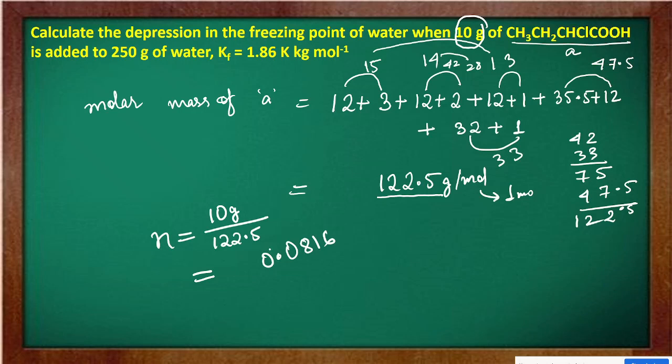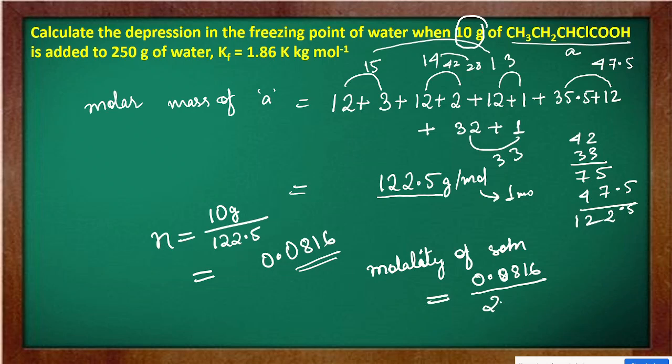So now therefore the molality of the solution. The molality of the solution will be the number of moles of the substance divided by the given weight of water and multiplied by 1000, because it should be dissolved in 1000 gram of water.